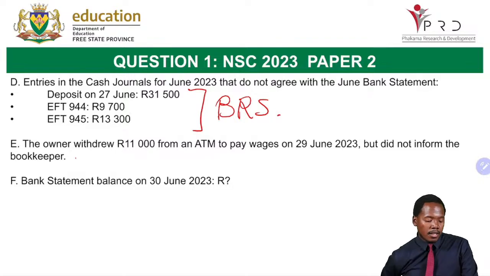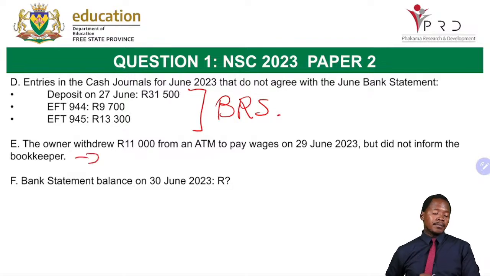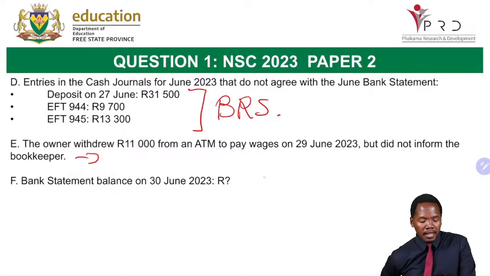Now, it means that we need to have our records done. And then information F, the bank statement balance on 30 June 2023 reflects a question mark, meaning this becomes our balancing figure.